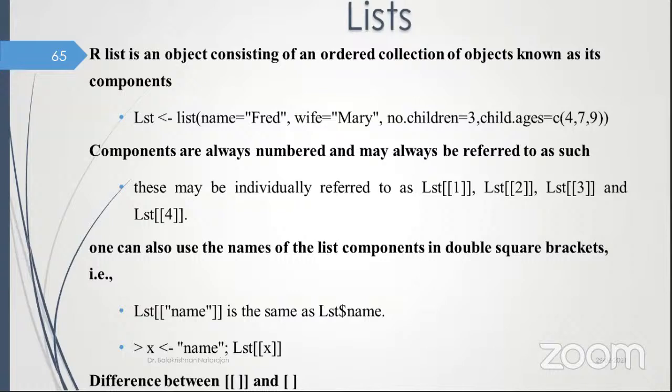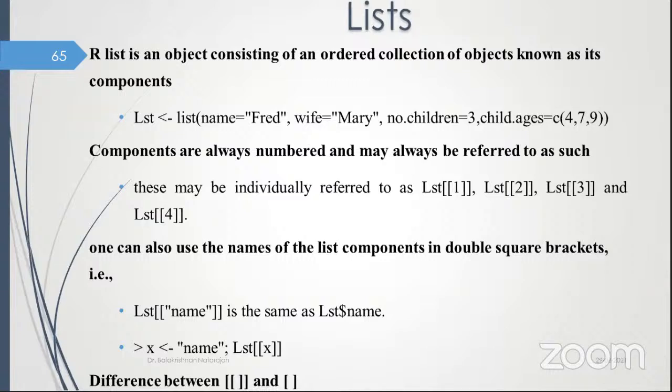A list is an object consisting of a collection of elements, several objects. So it can have several components. As per this example, a family: father, mother, and the children, and each child's age has been displayed. Normally we use lists for a students list, a mark list, a family list, a folders list.